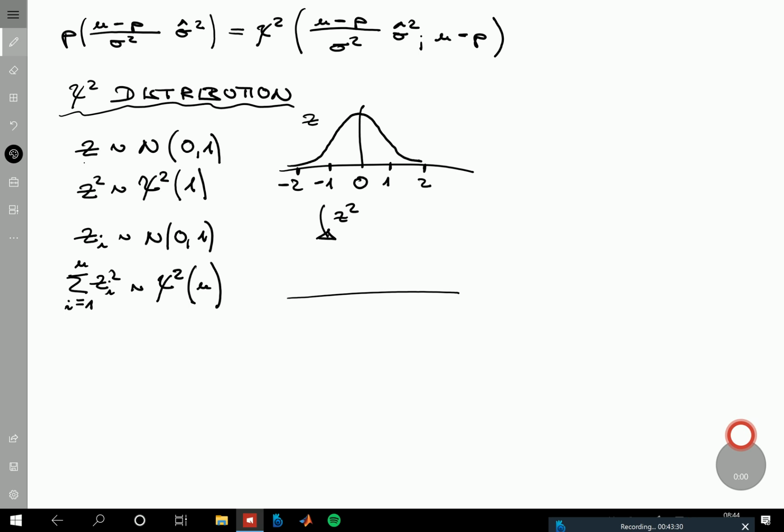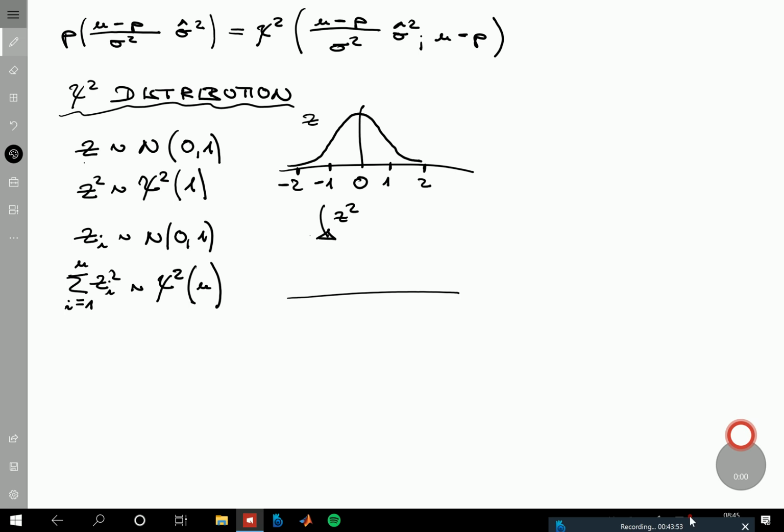So you cannot just have again a normal distribution, because a normal distribution is always symmetric and always also assigns positive probability density to negative numbers. So what will happen is you get a different distribution.